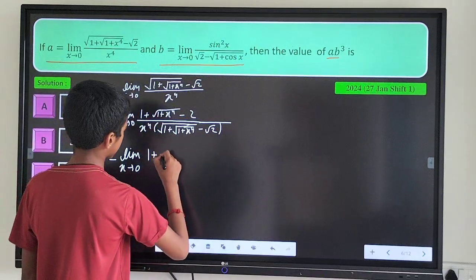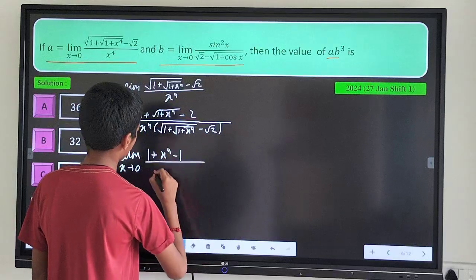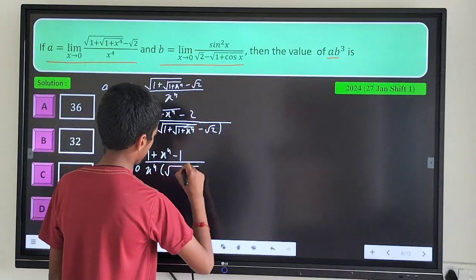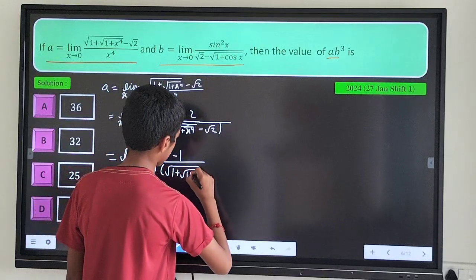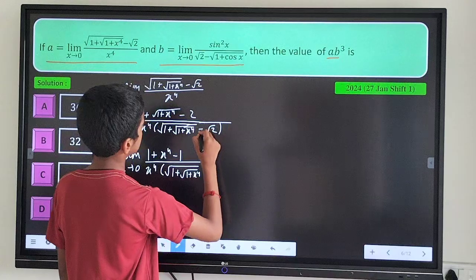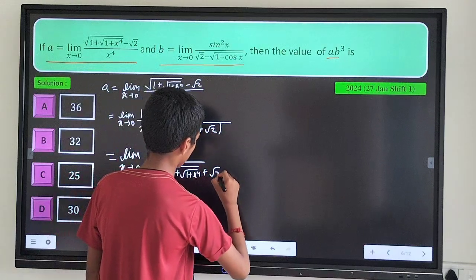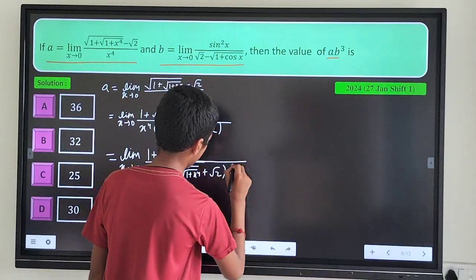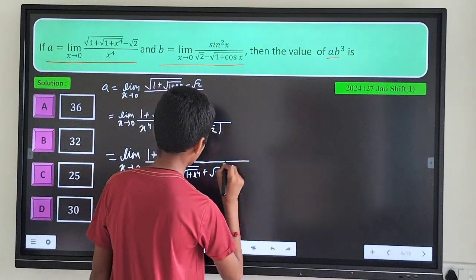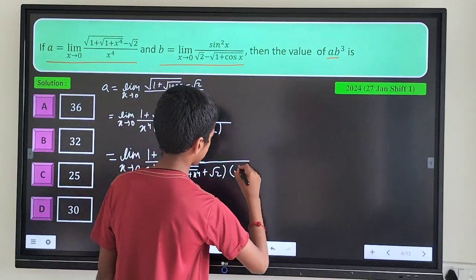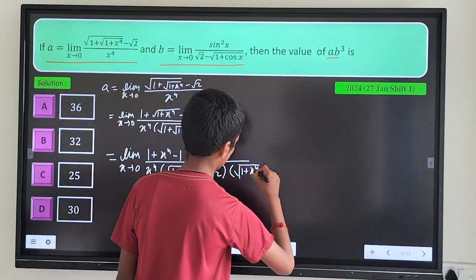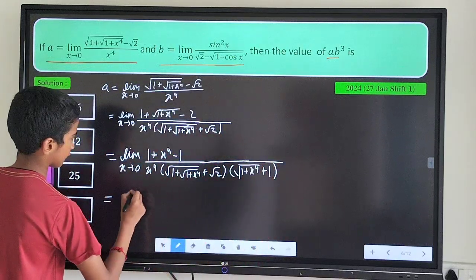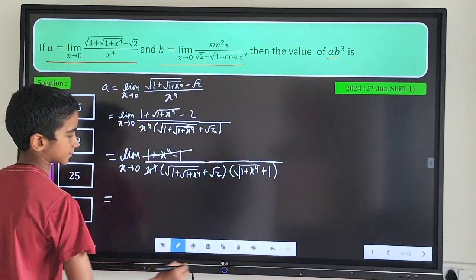So it will be 1 plus x4 minus 1 upon x4 times under root of 1 plus under root of 1 plus x4 plus root 2, multiplied by under root of 1 plus x4 plus 1.